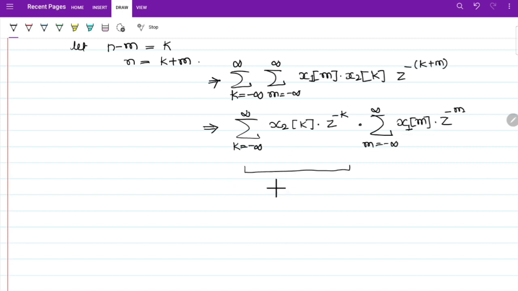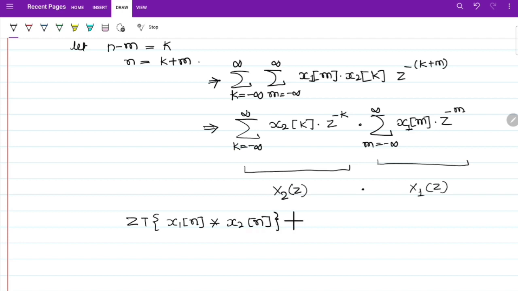Now this is in the form of z transformation of x2 of k, so I can write this as x1 of z, and this can be written as x2 of z. Okay, so z transformation of x1 of n convolution x2 of n is equal to x1 of z into x2 of z.